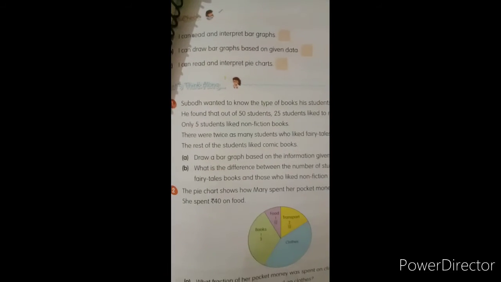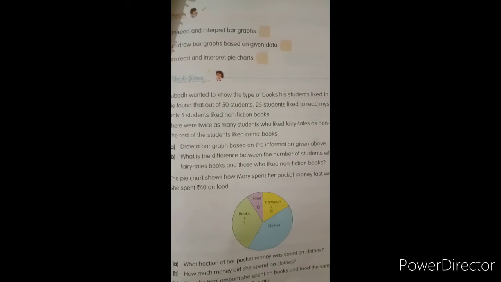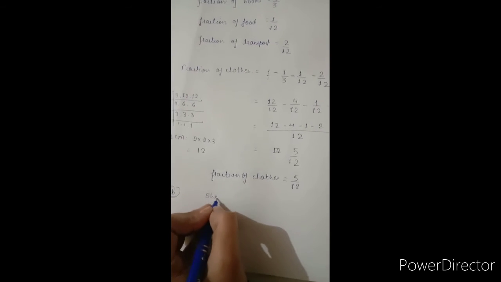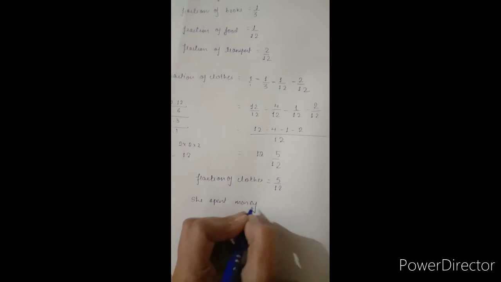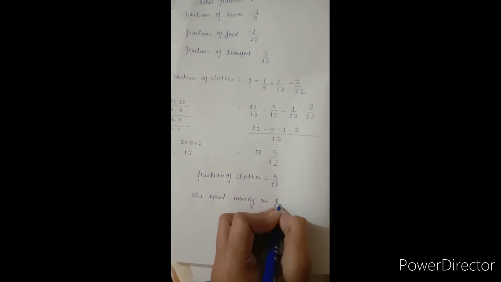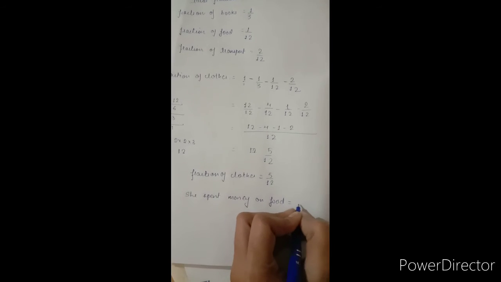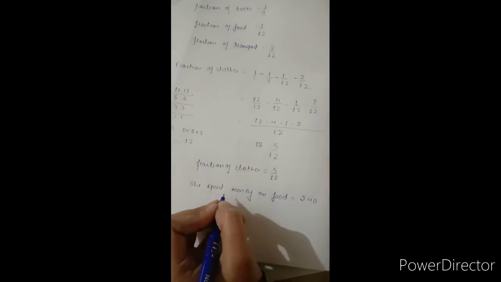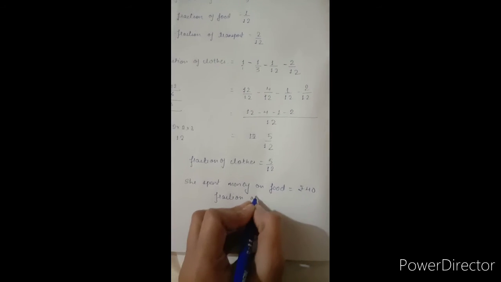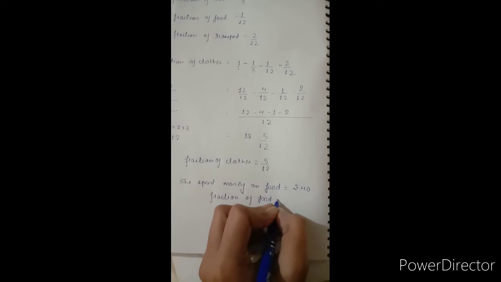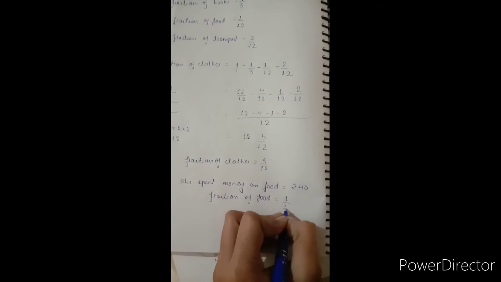Then the next part is how much money did she spend on clothes. Here it is given that she spent rupees 40 on food. This was part A. For part B, we know that the money spent on food is rupees 40, and the fraction of food is 1/12.